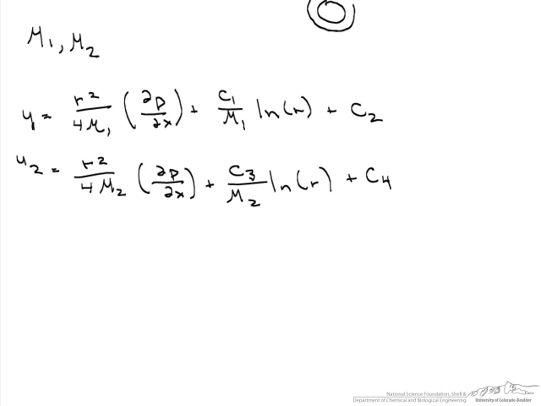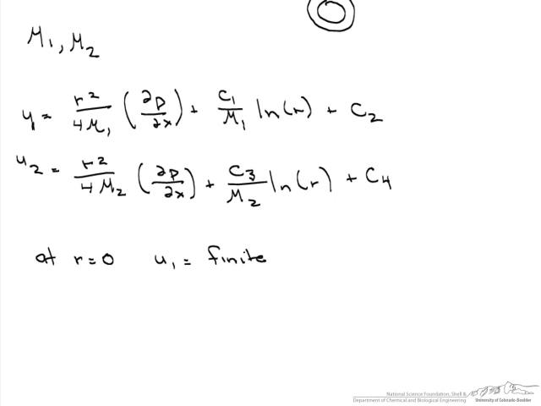There's the inside, there's the outside, and the first boundary condition that we're going to look at is that at r equals 0, so the very center of the pipe, the velocity has to be finite.